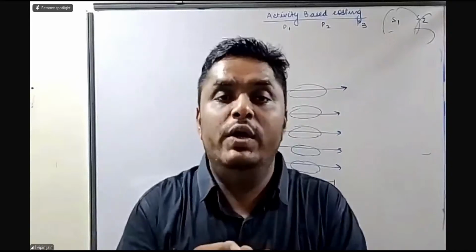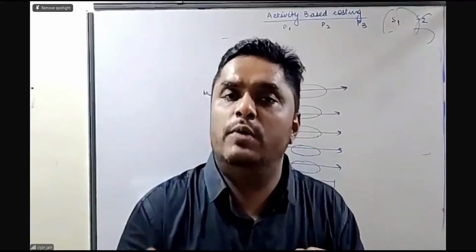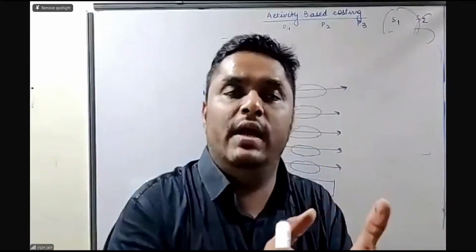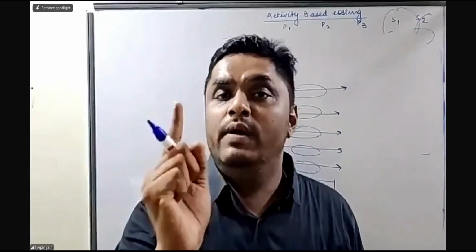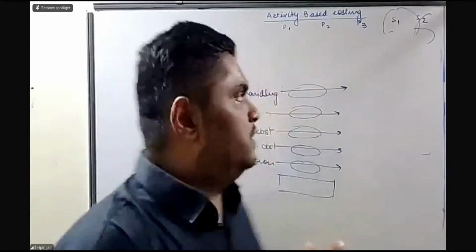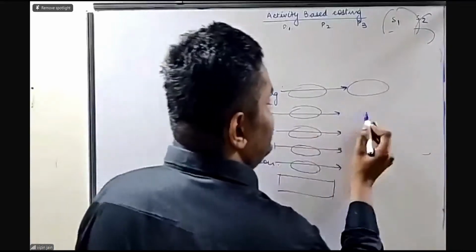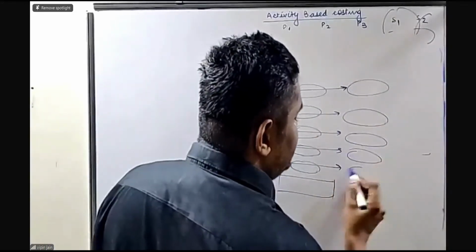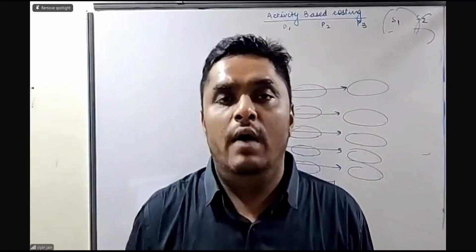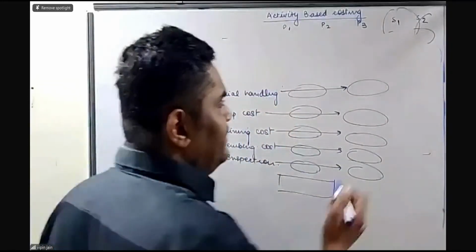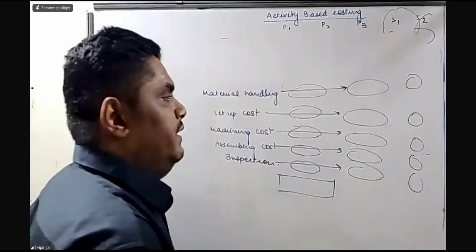Unlike what we used to do in overheads, we used to calculate the total overheads divided by only one basis of absorption, either labor hours or machine hours. But activity-based costing says for every activity, there will be a separate basis of absorption. हर एक्टिविटी का एक सेपरेट बेसिस होगा absorption का. And this is how thereafter we will calculate the absorption.